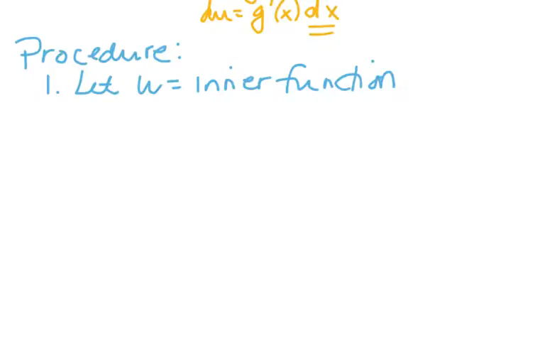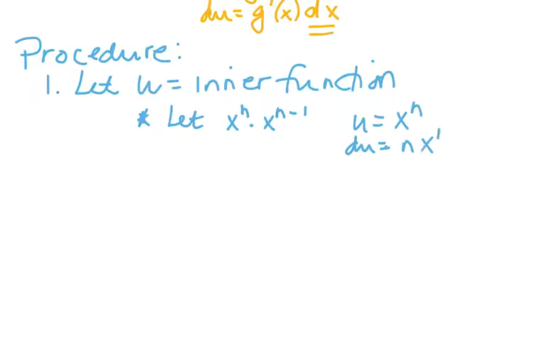Some hints might be, if you see powers, so if you have x to the n multiplied by x to the n minus 1, you're going to let u equal x to the n, because when you take the derivative, you're going to get a power of 1 degree less. So that's one tip. You also need to look at trig functions, and the derivatives and integrals of those trig functions to help you.